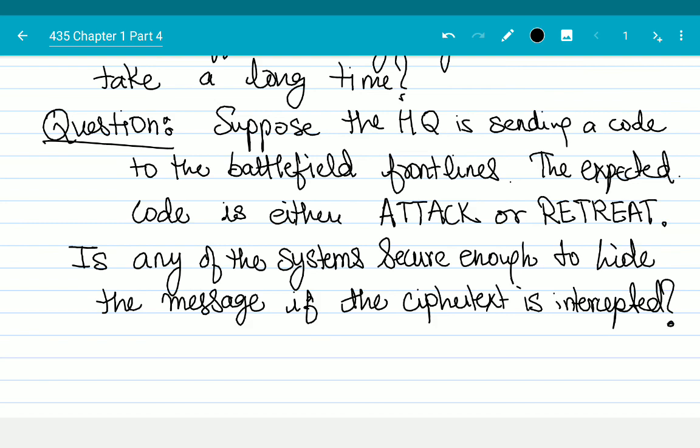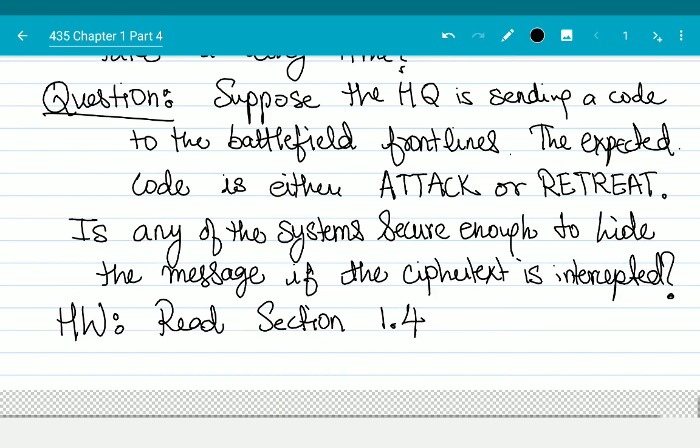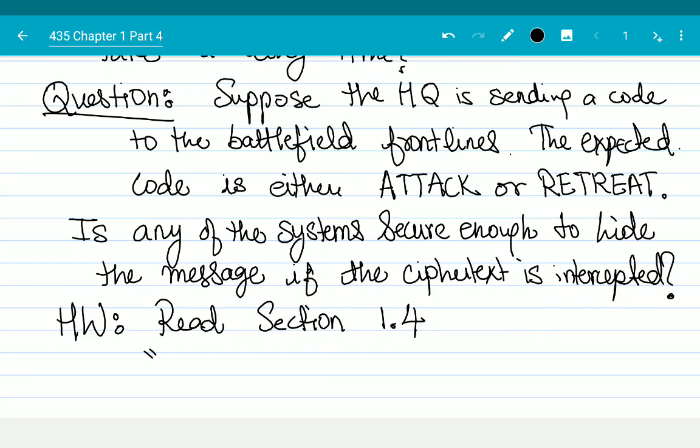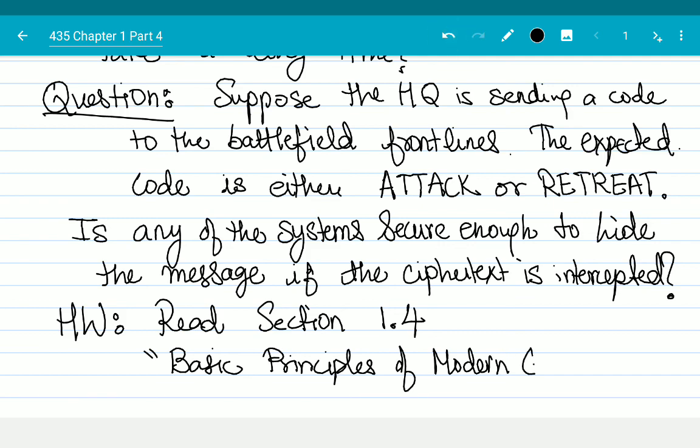So I want you to think about it, and for homework, not for submission, read Section 1.4, Basic Principles of Modern Cryptography.